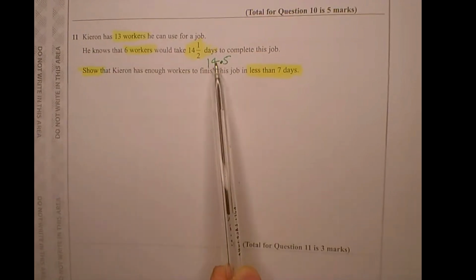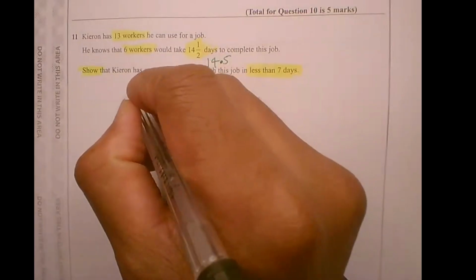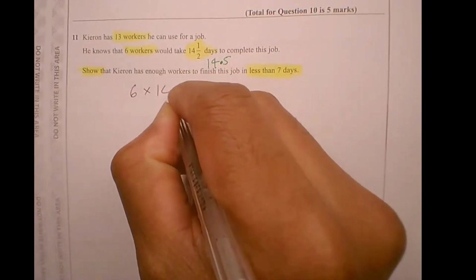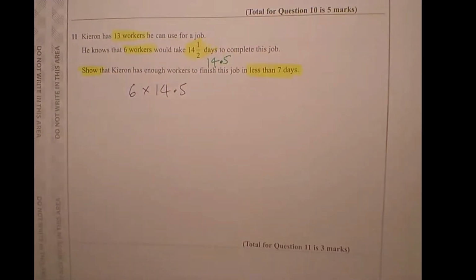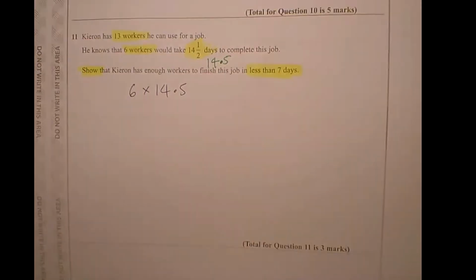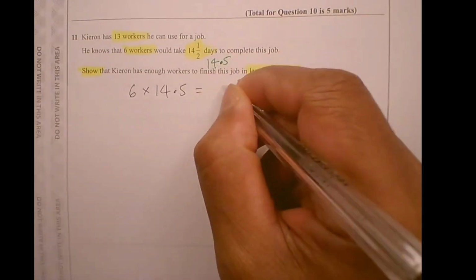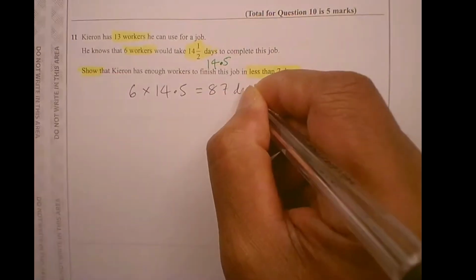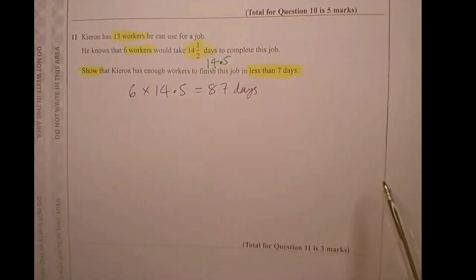So 6 workers take 14.5. So I'm going to do 6 times 14.5. It's paper 3, so I can use a calculator. 6 times 14.5. That gives me 87. So that's 87 days. That's my total time.